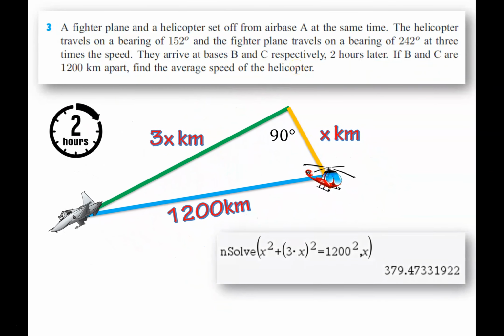And I can just tap that into my calculator. These brackets are essential. Without them, your calculator will spit out a meaningless number that is no help to us. It has to be 3x in brackets squared, or if you have the discipline to remember, you could just write down 9x squared there. Anyway, so that means that x is equal to 379.